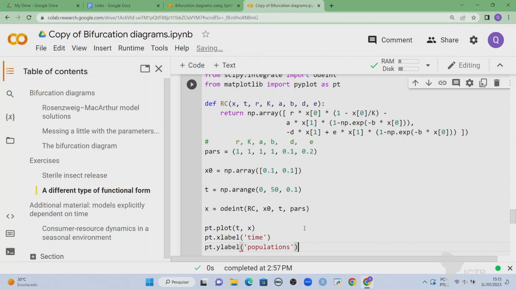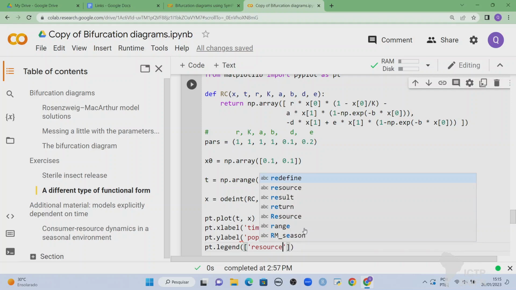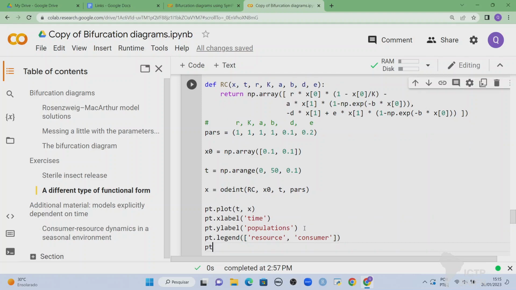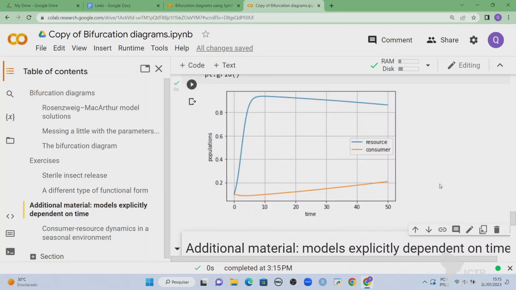This one really deserves legends, because there's predator and prey, or resource and consumer in this case. And also let me put a grid over here. Okay, so let's run this and see what happens.